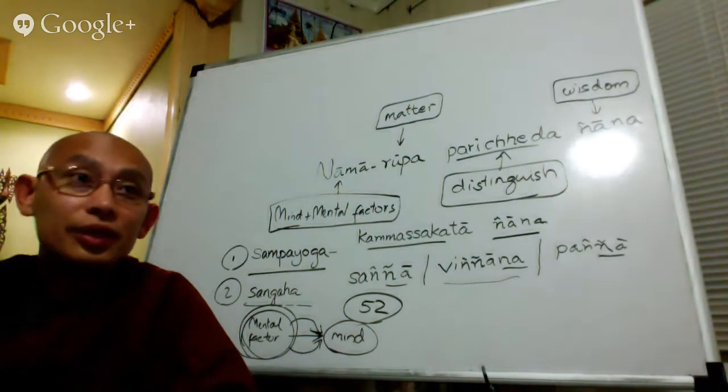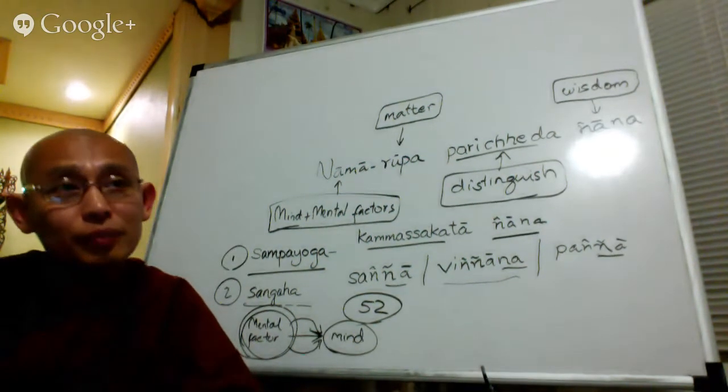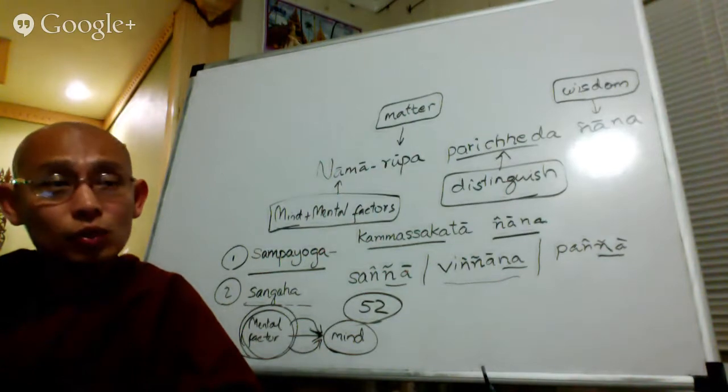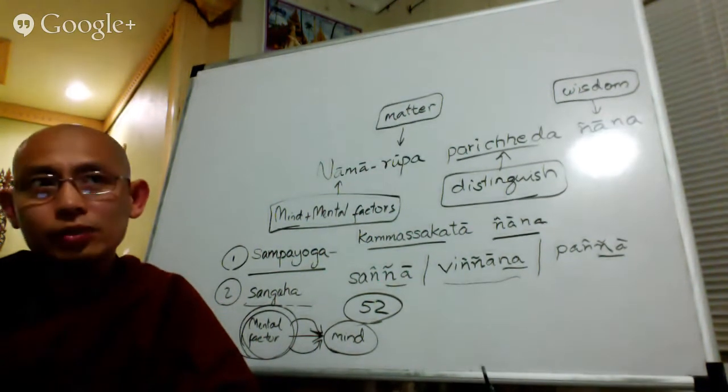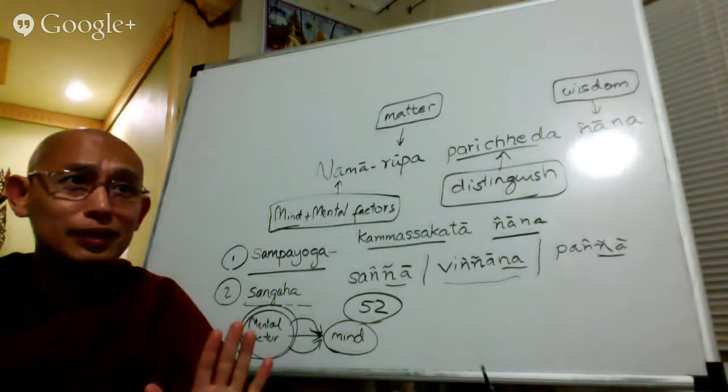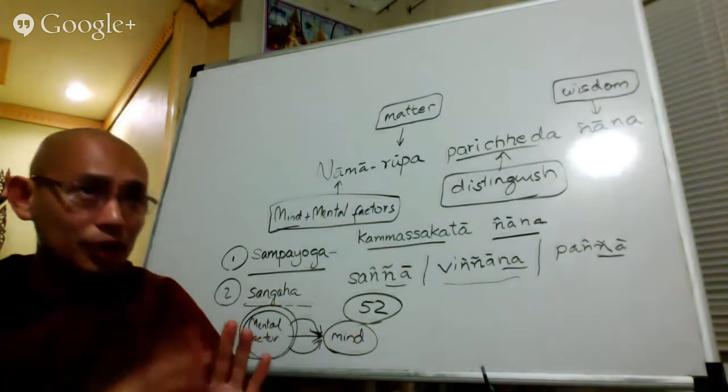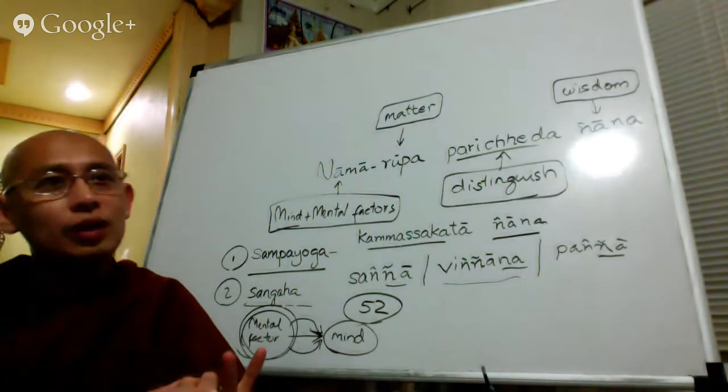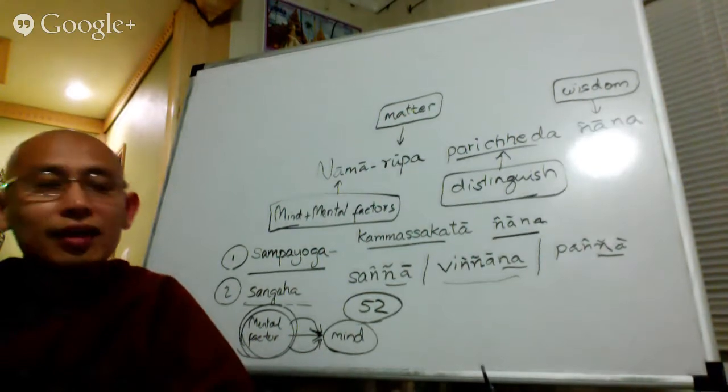So vitaka and vichara are also jhana factors: vitaka, vichara, piti, sukha, ekaggata.